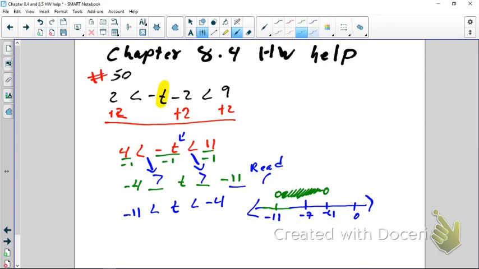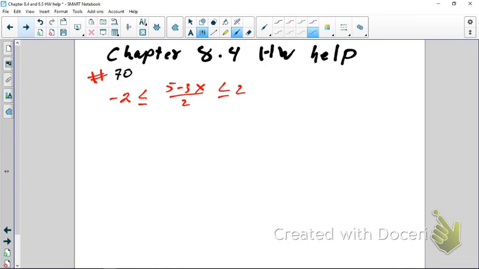The way that we want to express this in interval notation is going to be open parentheses at -11, and then that's going to go all the way up to -4 with a parentheses there as well.